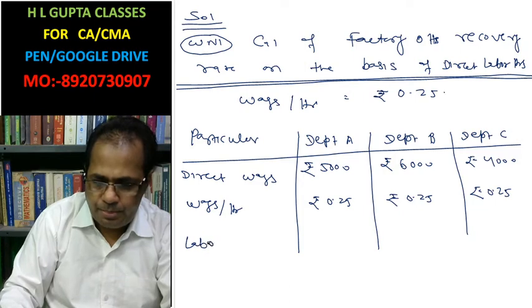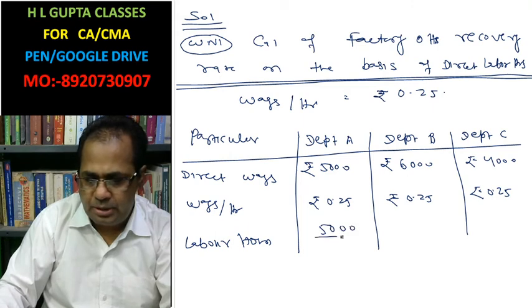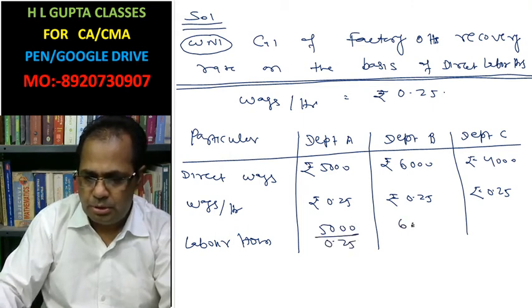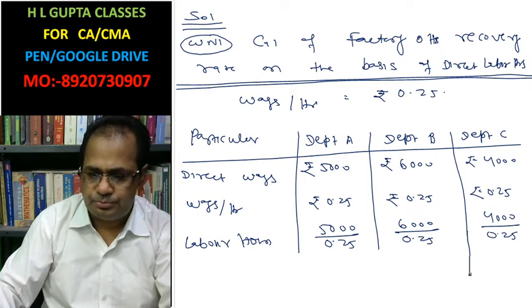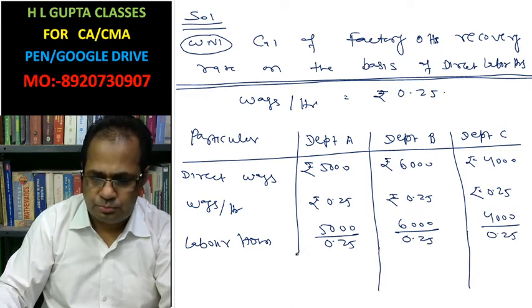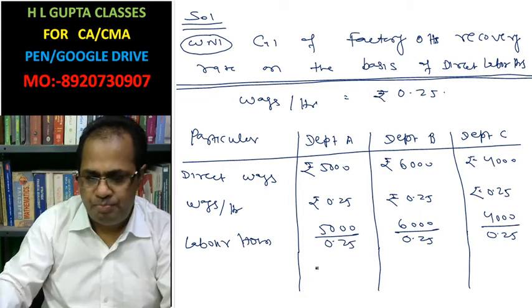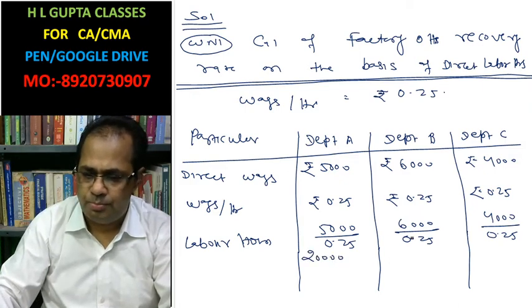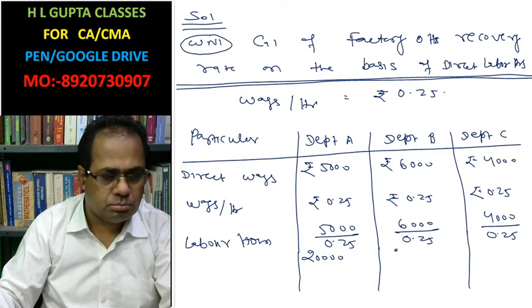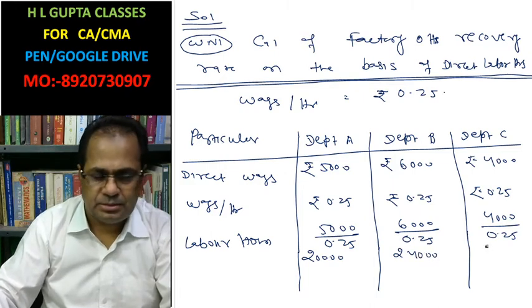Labor hours: 5,000 divided by 0.25, 6,000 divided by 0.25, 4,000 divided by 0.25. That is 20,000 hours, 24,000 hours, and 16,000 hours.